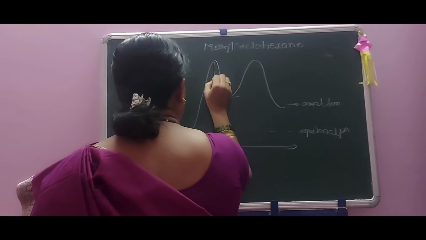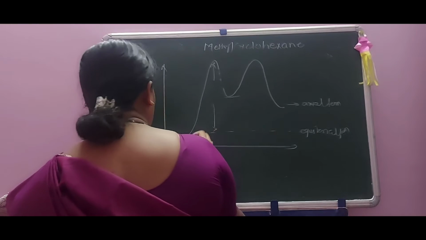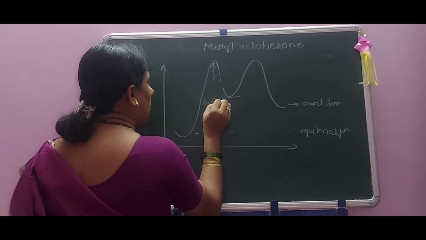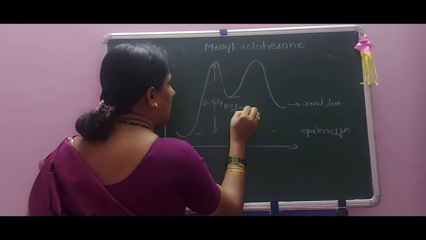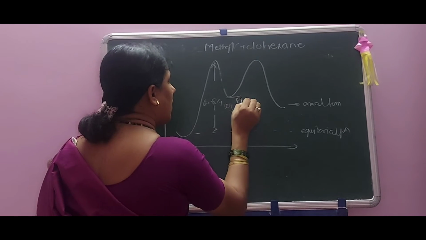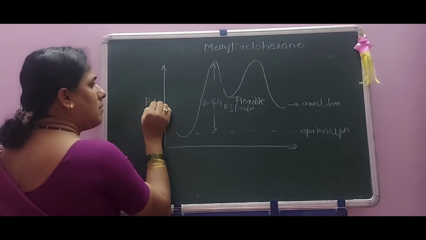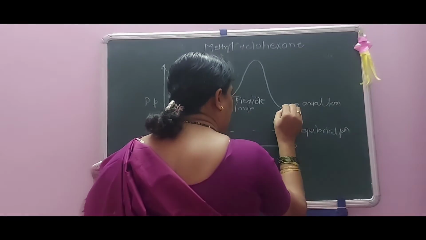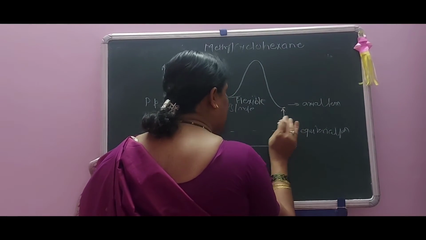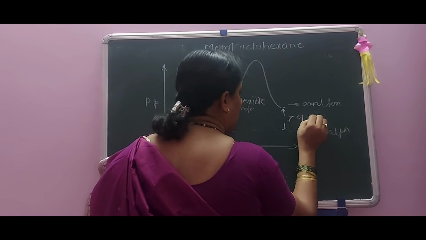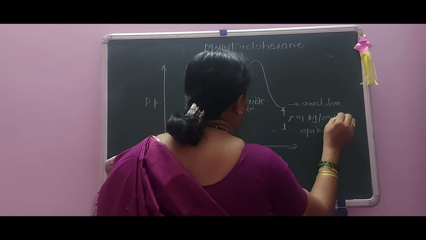The energy of the barrier is about 60 to 84 kilojoule per mole. This is the flexible form. As far as the potential energy is concerned, this difference is known as 7.01 kilojoule per mole.